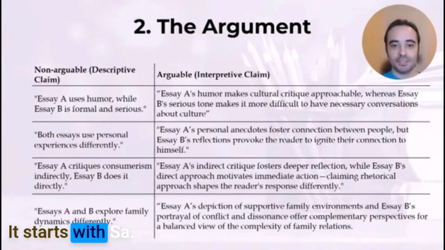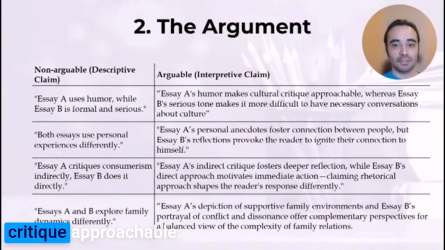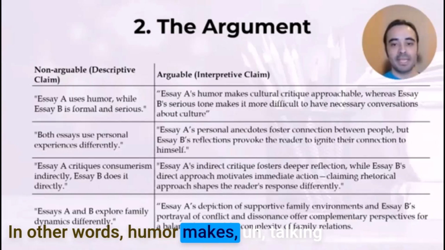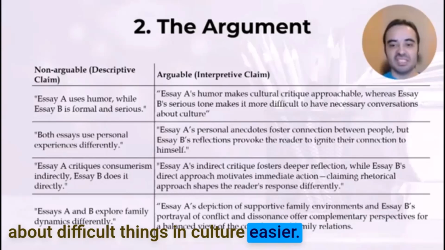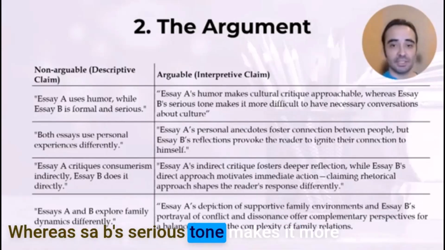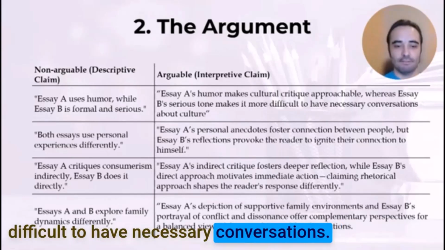It starts with: essay A's humor makes cultural critique approachable. In other words, humor makes talking about difficult things in culture easier. Whereas essay B's serious tone makes it more difficult to have necessary conversations.